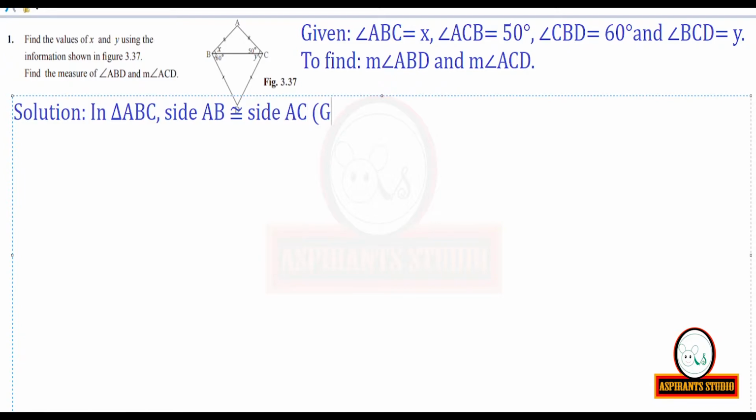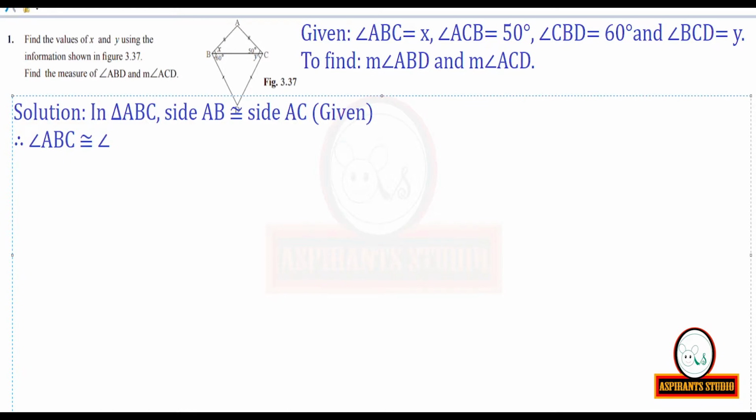In triangle ABC, side AB is congruent to side AC is given in the figure. Look at the figure. Now we are going to apply the isosceles triangle theorem here.